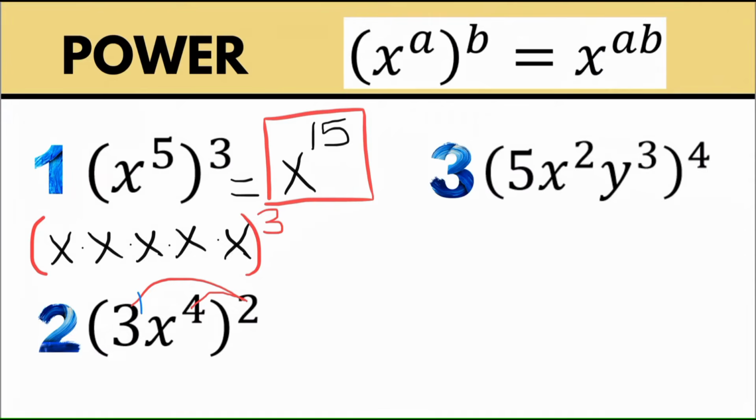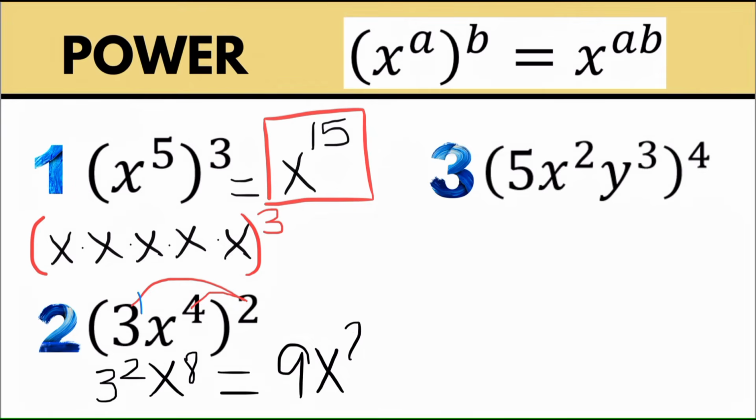That means this is equivalent to 3 squared, because 2 times 1 is 2, times x to the 8th power, because 4 times 2 is 8. And this is equivalent to 9x to the 8th, because 3 squared, 3 times 3, is 9. So this is my answer.